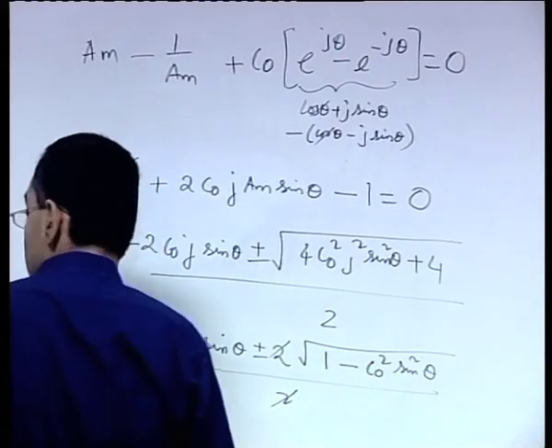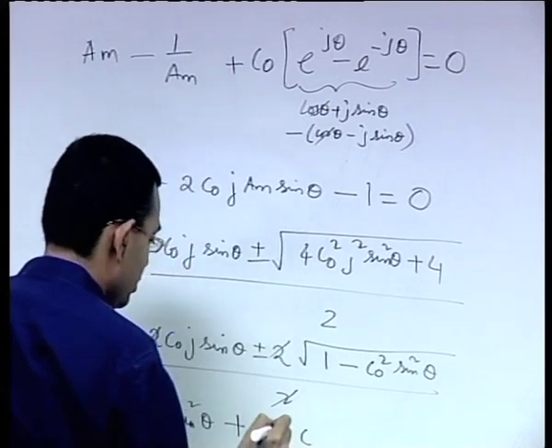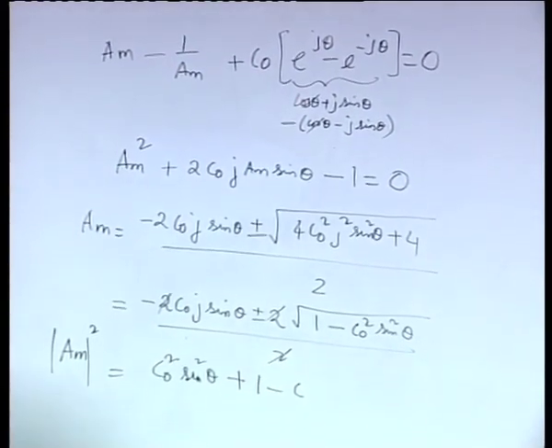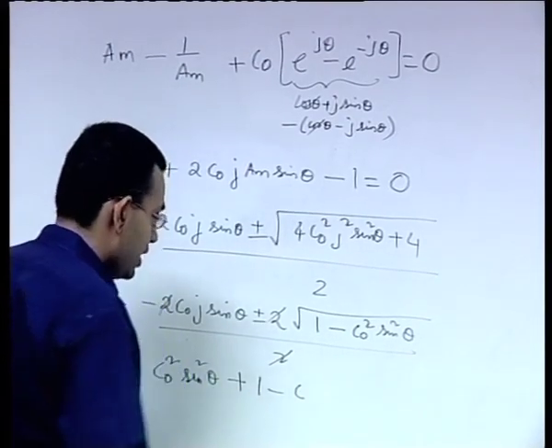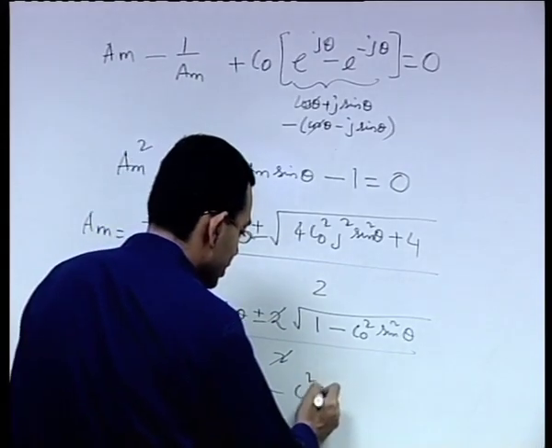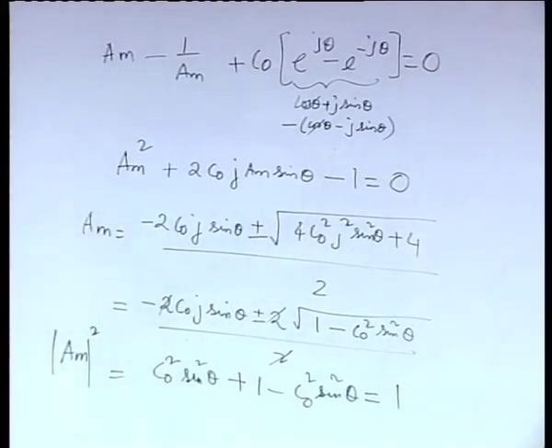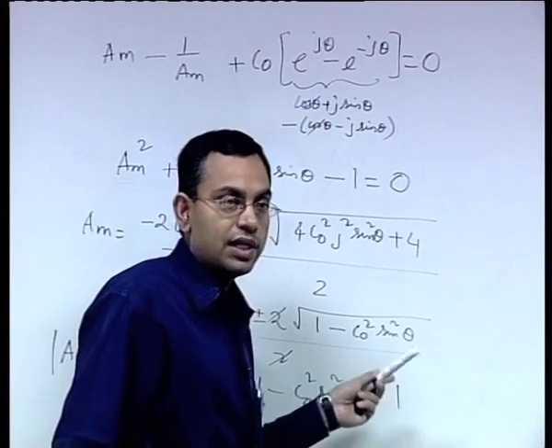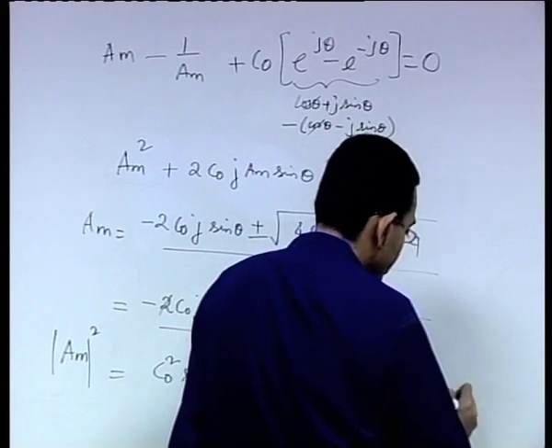So, c naught square sin square theta plus 1 minus c naught square sin square theta. So, that is 1. So, it is unconditionally stable because even if it is 1 it is fine, if the amplification is greater than 1 then that is a problem. So, it is limiting, but still it is unconditionally stable.